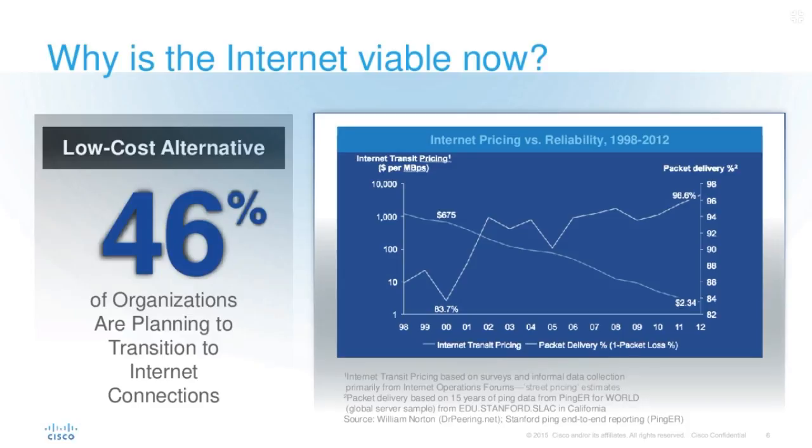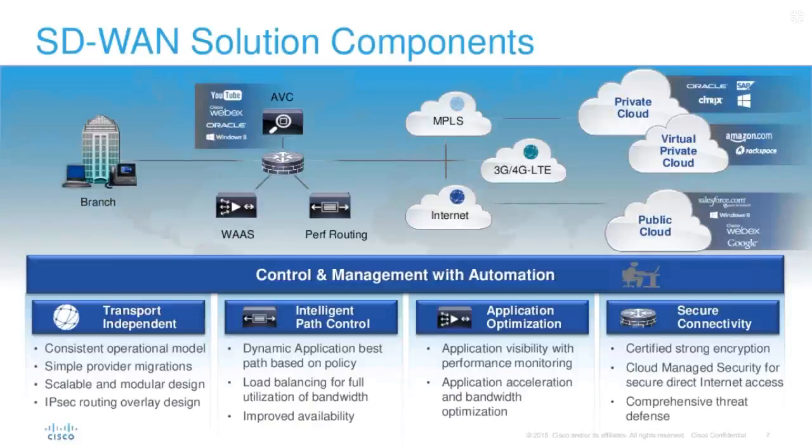And we look at somewhere around half of all the organizations out there looking to transition those more expensive WAN connections over to the internet here. And that's been a major component of SD-WAN becoming viable.